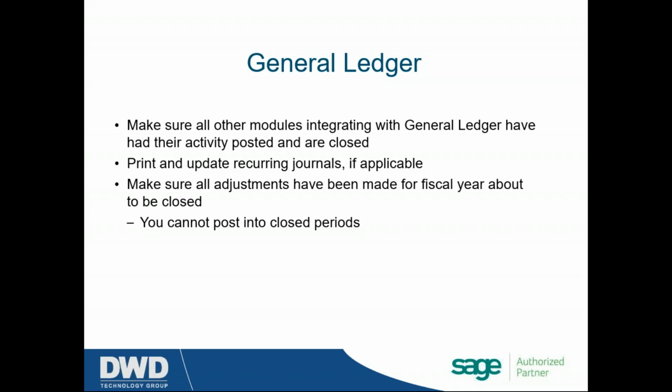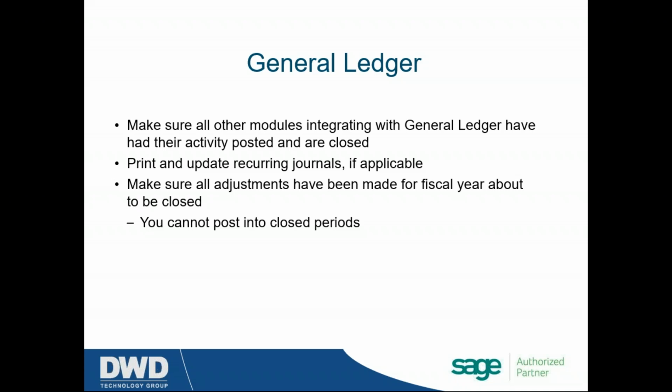Okay. Got a note there that says you can't post into closed periods. I'm going to have a little bit of a caveat there. So let's say, for example, that your current period in general ledger is still December of 2019. Let's say that somebody does try to post an entry to November 30th of 2019. They will, in fact, get a message saying that is a closed period.